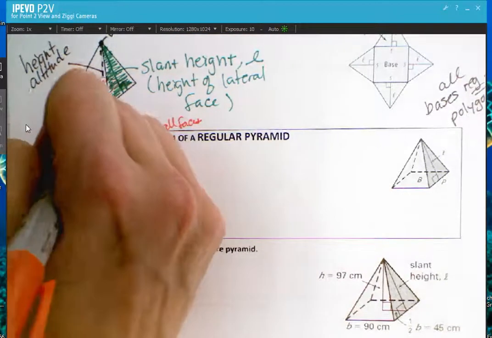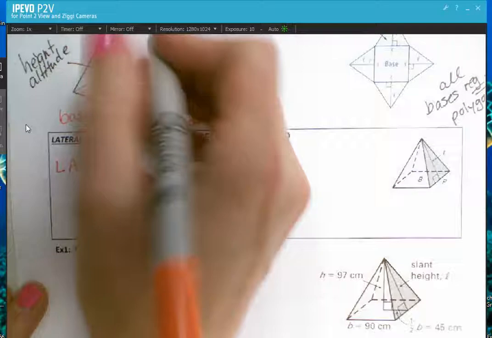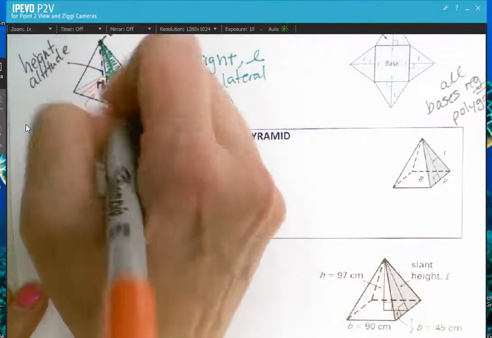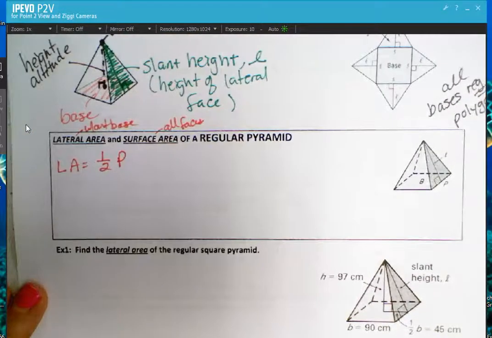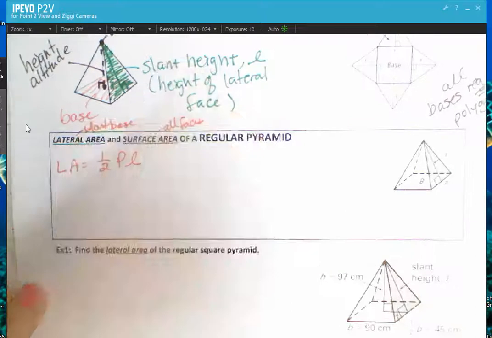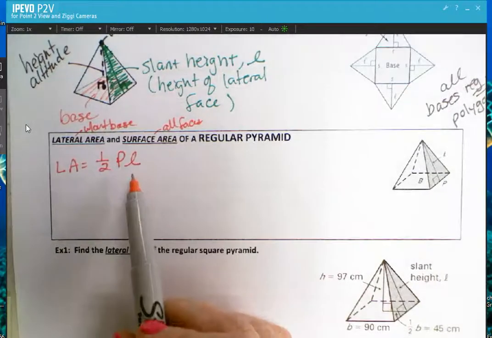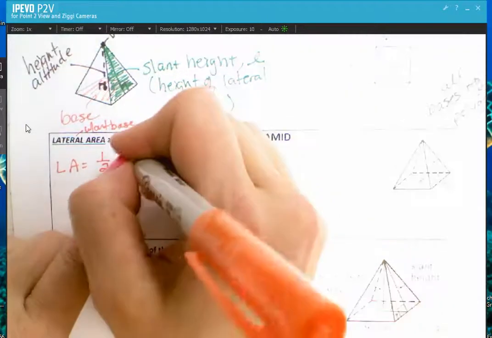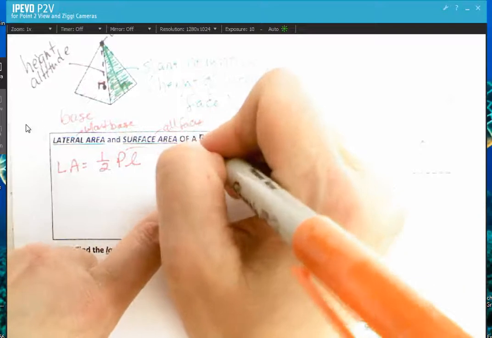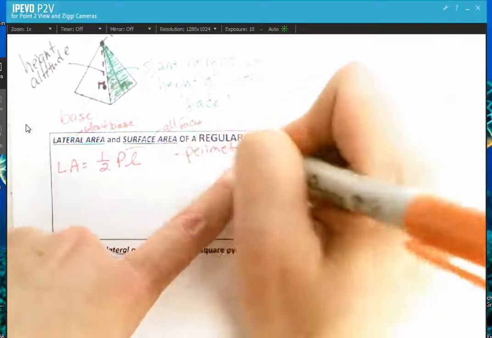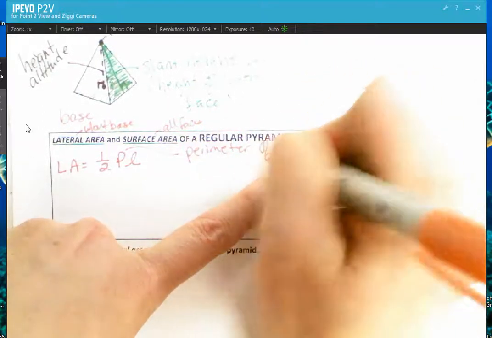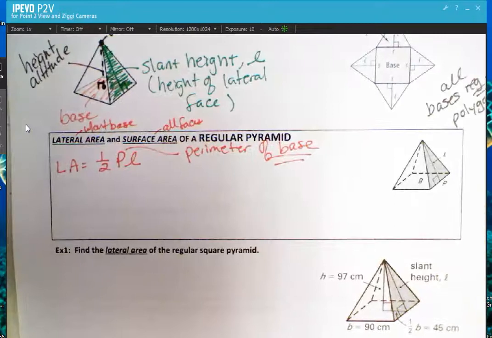So the formula for lateral area for this is going to be 1/2 P l. Sometimes you'll see it as a capital P, sometimes it's lowercase, and then a curvy l, which is my slant height. P in this case is the perimeter, like we learned yesterday, of the base. So it's not the perimeter of the lateral piece, it's the perimeter of the base.